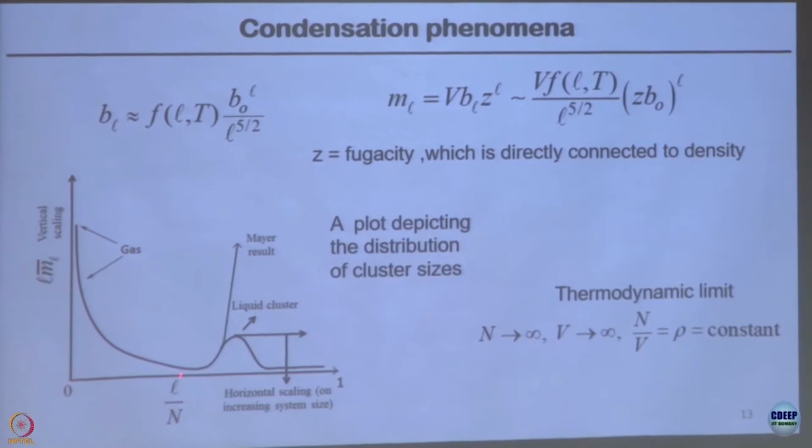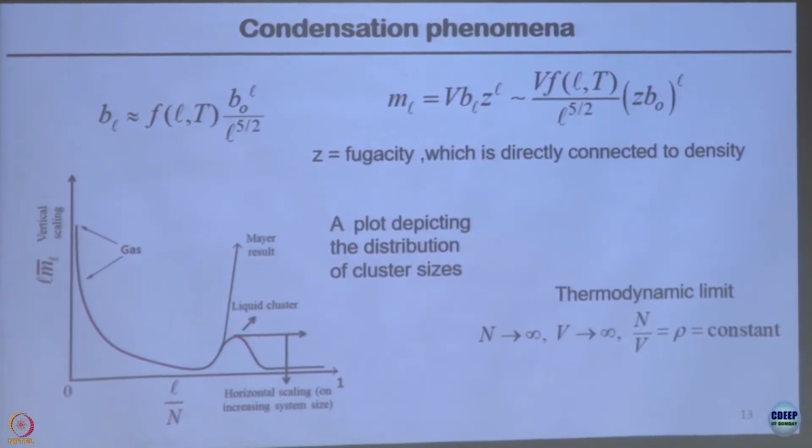Now, we plot it against L/N, where N is the total number of particles and L is the size of the cluster. Then you find that at high temperature, this goes to 0 for the gas. But when you lower the temperature, you find a second peak appears. That second peak is the liquid.